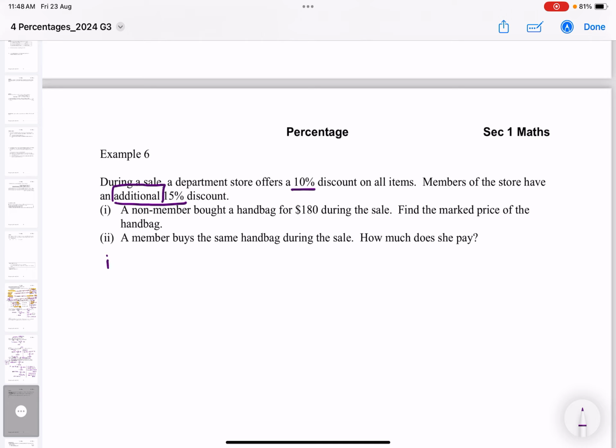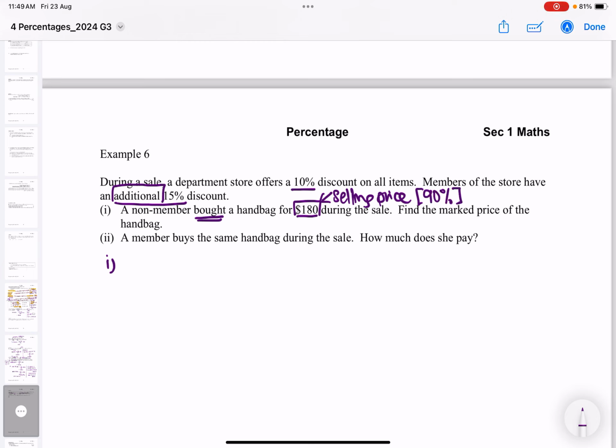So what happens if a non-member buys a bag for $180? There will be a 10% discount, which means because this person bought the bag at this price, this is how much it was eventually sold for. That means this is the selling price, and we know that it must have been sold after a 10% discount.